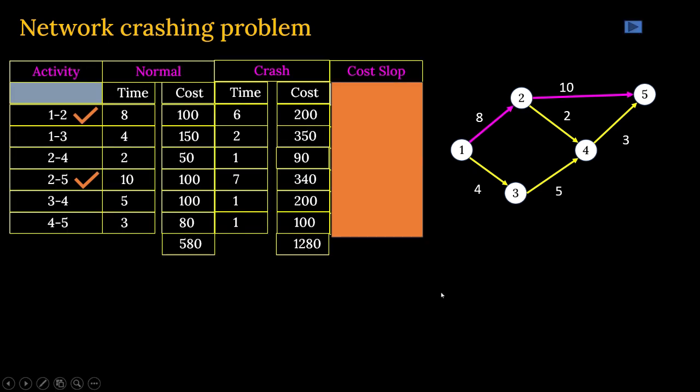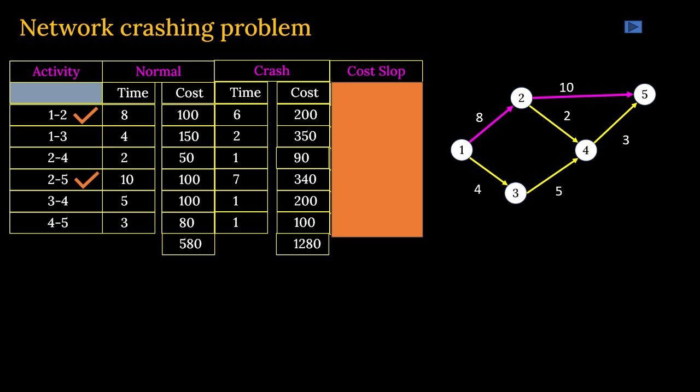next we have to calculate the cost slope, because in our network it is given that if you crash the activities, then crash time is this, and the cost involved is 2 rupees. We have to find out the cost slope. What is cost slope? The crash cost per day.